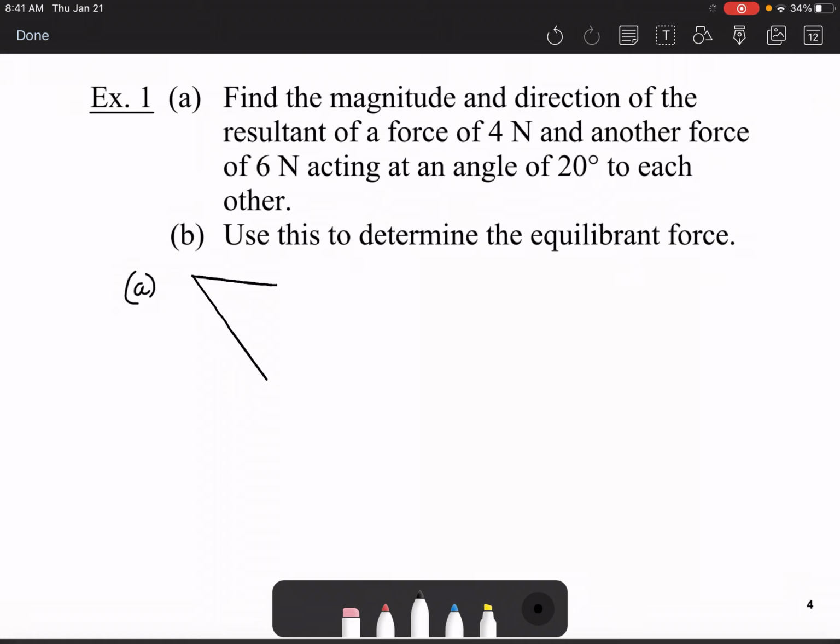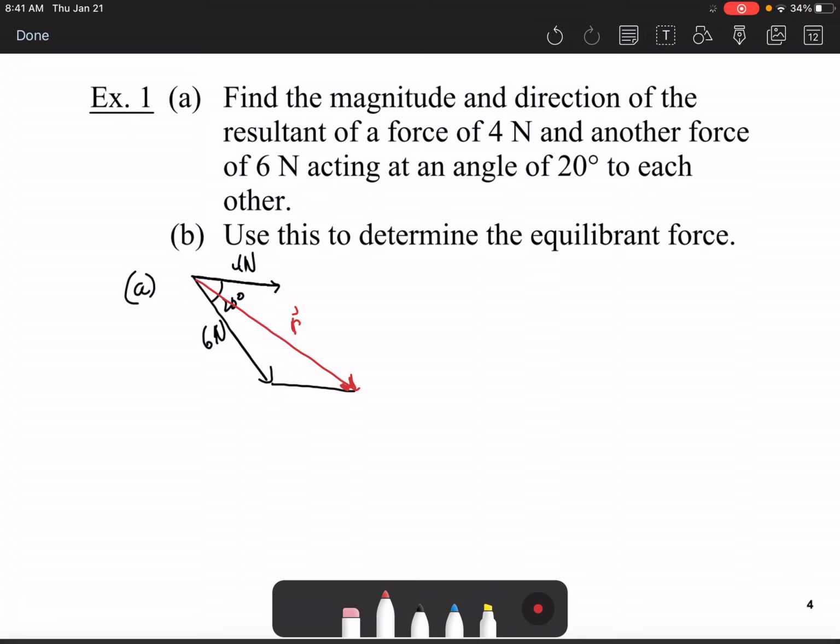Here's my 6 Newton force, and this is about 20 degrees to each other. Okay, so the resultant, let me draw using triangle law. And here's my resultant. I'm going to call it the vector R for resultant.